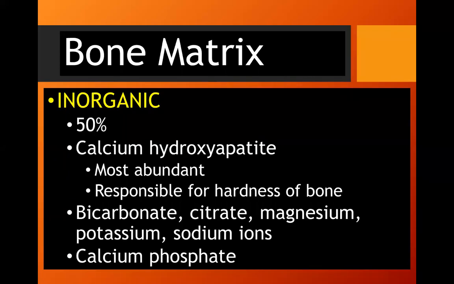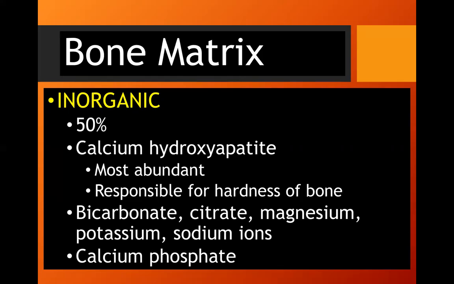Okay, let's continue. Let's go to the bone matrix itself. There is an inorganic and organic part. The inorganic bone matrix is usually 50%, and the most abundant, responsible for the hardness of the bone, is your calcium hydroxyapatite.